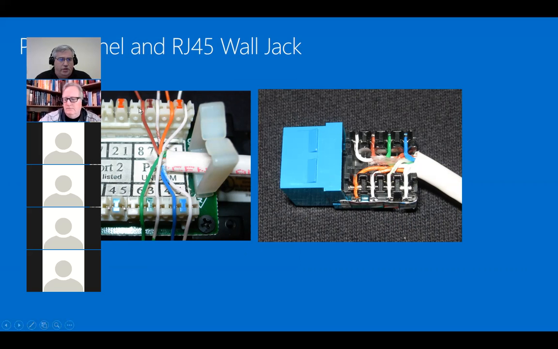Inside each little slot is a sharpened metal pincher, I guess you could say, and it pierces the shielding around the actual copper trace, and it then makes a connection. Same thing happens with the actual RJ45 connector, but it's a little different mechanism, and you have to use a crimper to make the pins penetrate.